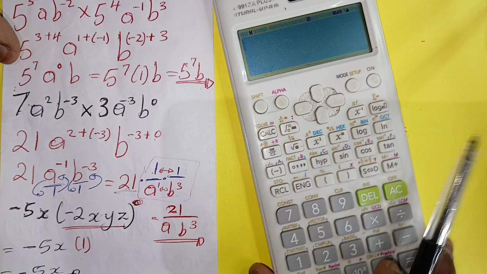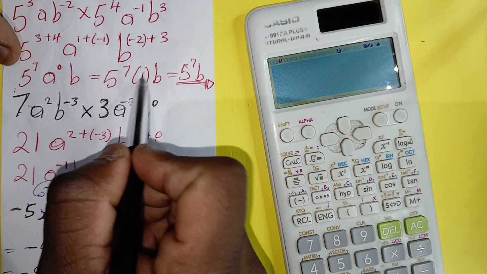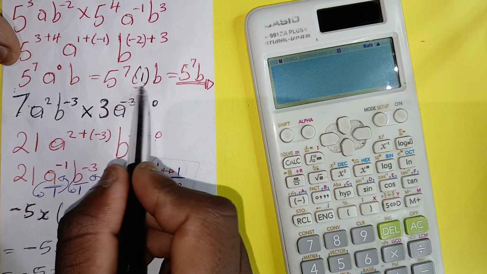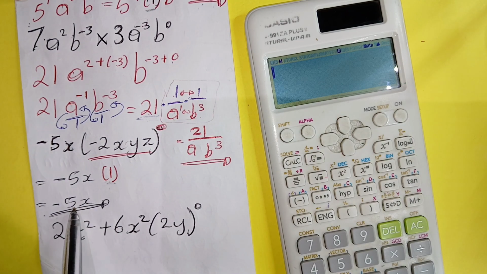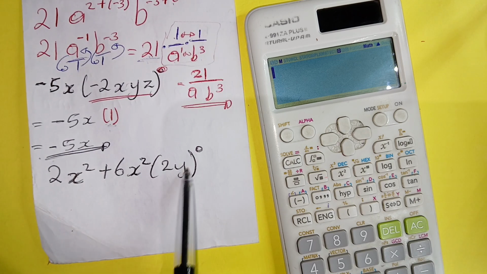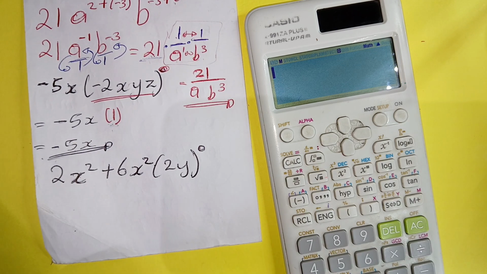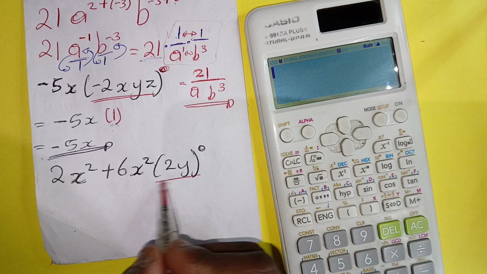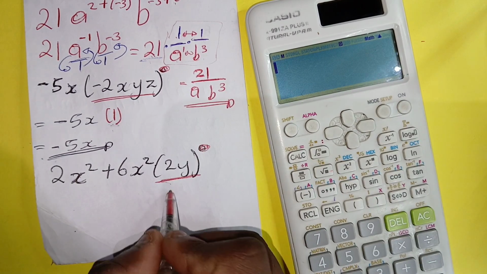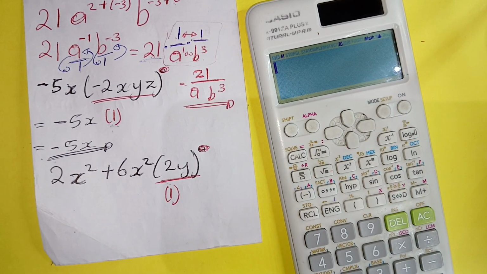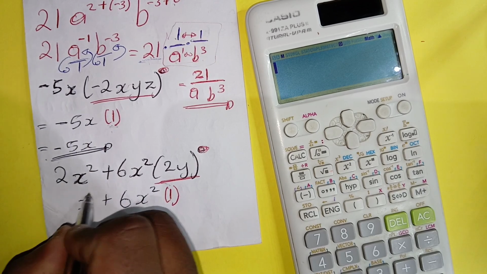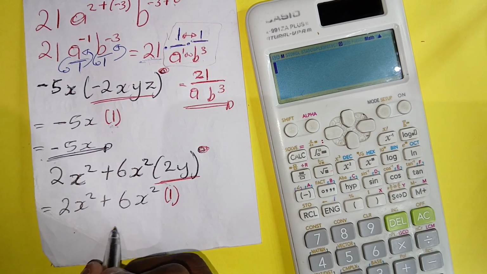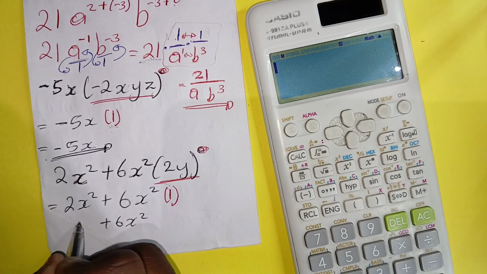Even here, that one just disappears, you get that answer. Even here, that one just disappears, you get the same answer. Yeah. So now from this one, you know that this thing is being raised by what? By 0, meaning this thing is 1. And that one, you know, will disappear. Plus x2. So that one will just disappear.